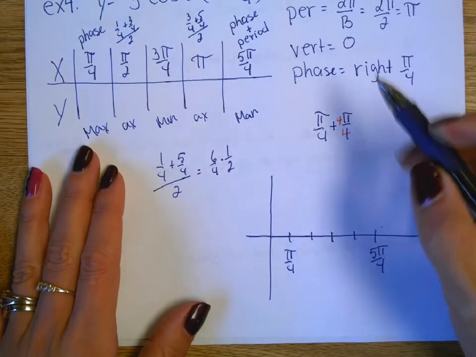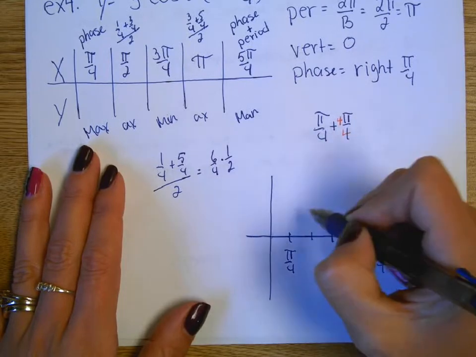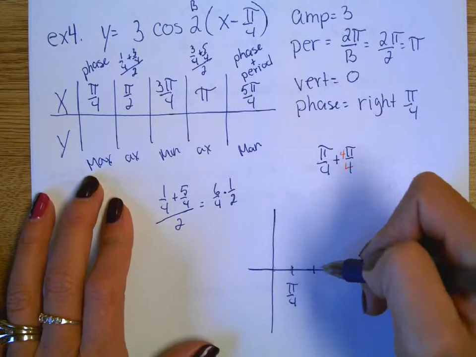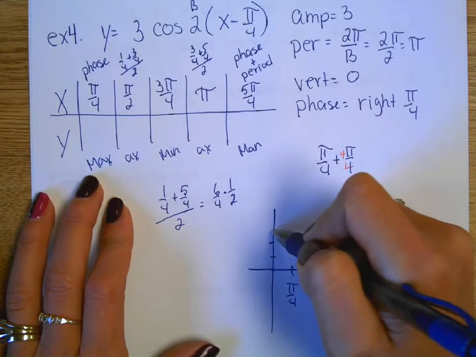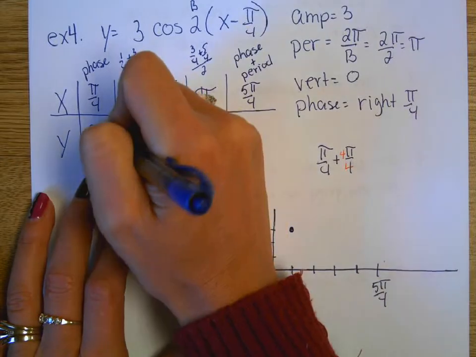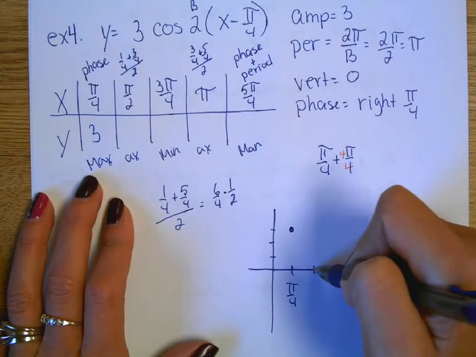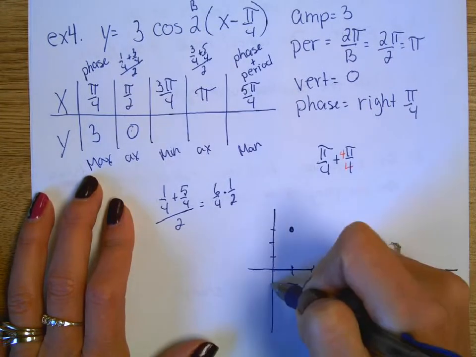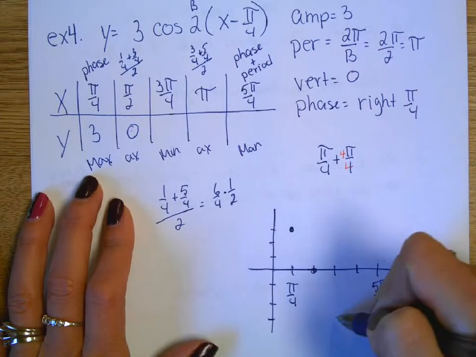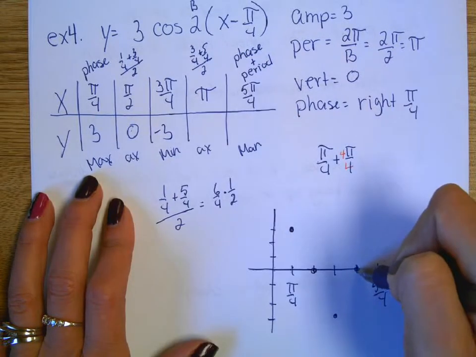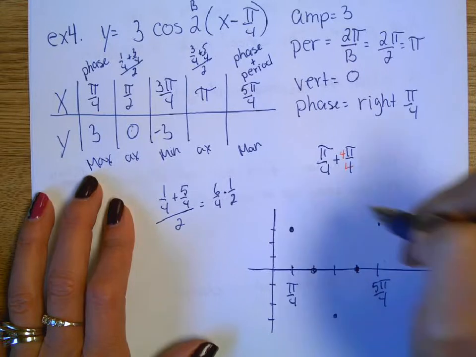How far above the axis am I going to go? 3 above. So it's going to start right here at 3. It's going to hit the axis at 0. Where's my min going to be at? -3.